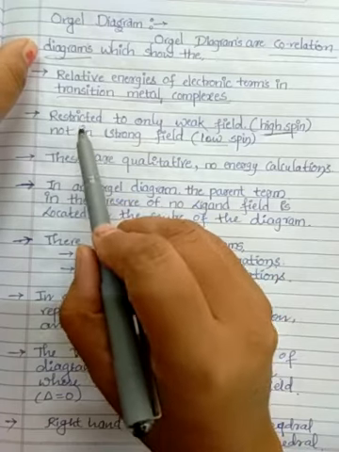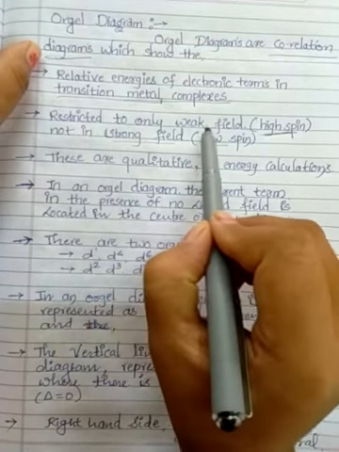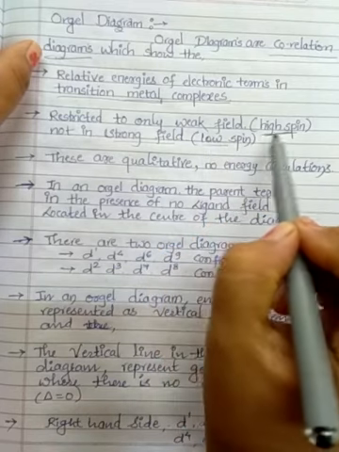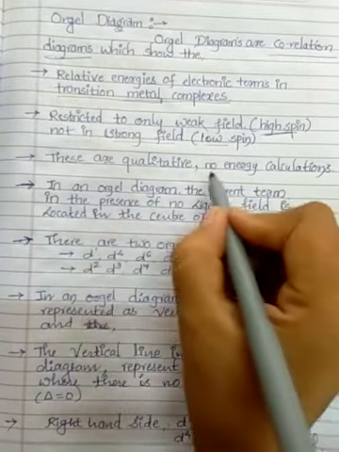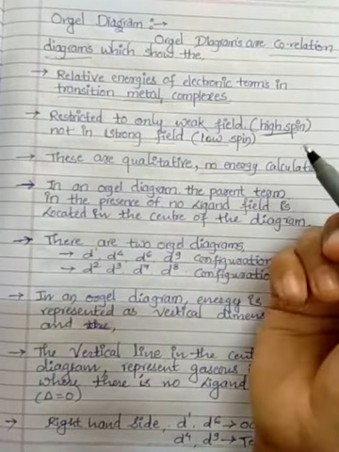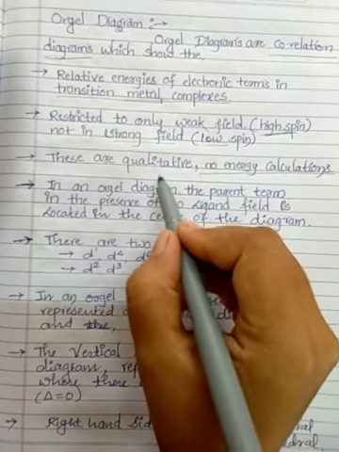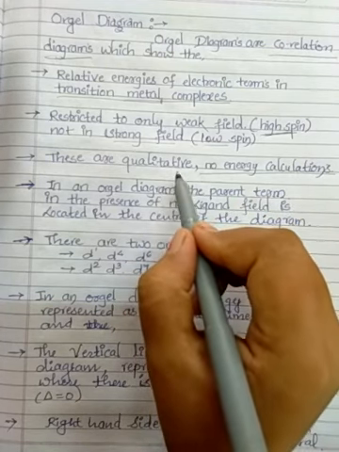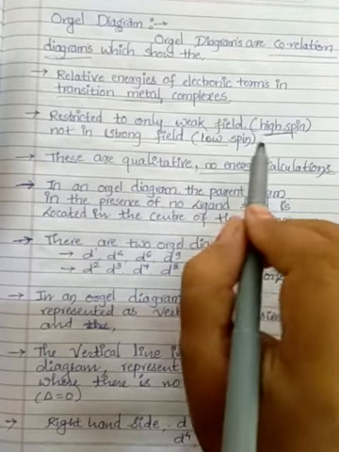So Orgel diagrams are restricted only to the weak field, that is in the case of high spin. Next, these are qualitative. There is no energy calculation of how much energy gets released or taken, endo or exo, it doesn't matter. So this is only qualitative. We have to check only the quality of that particular transition metal complex. No energy calculation at all.